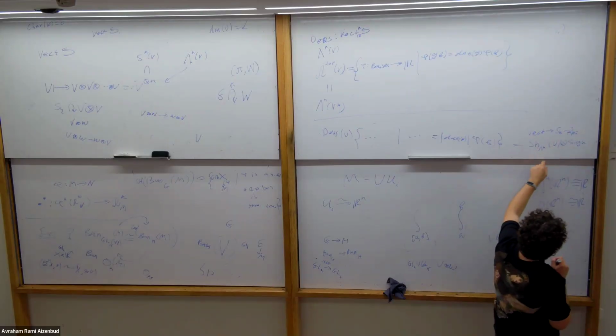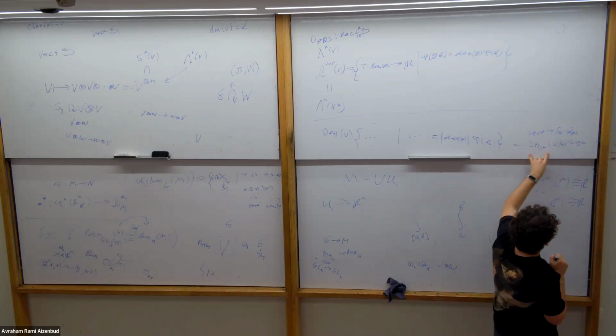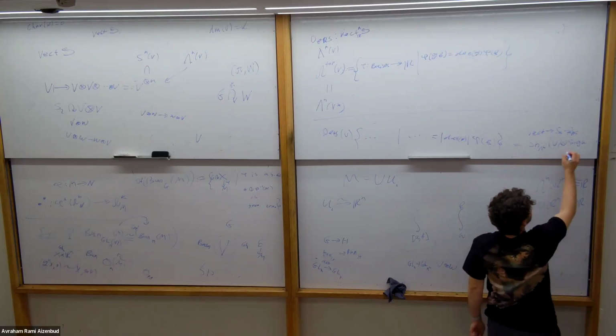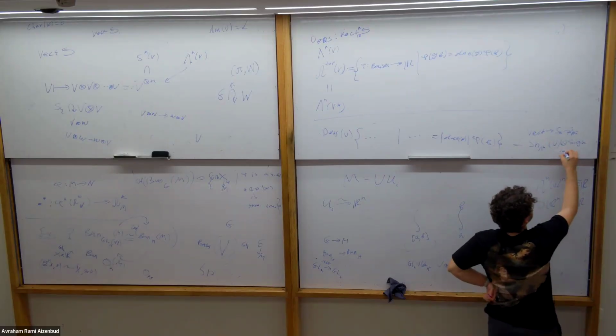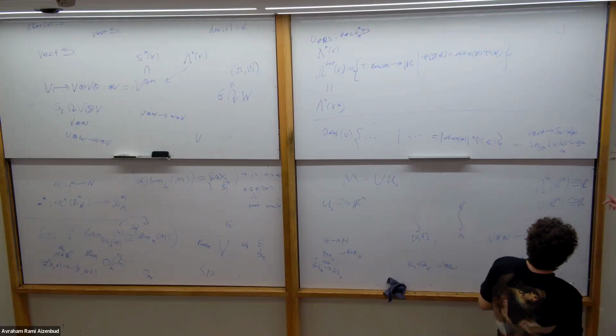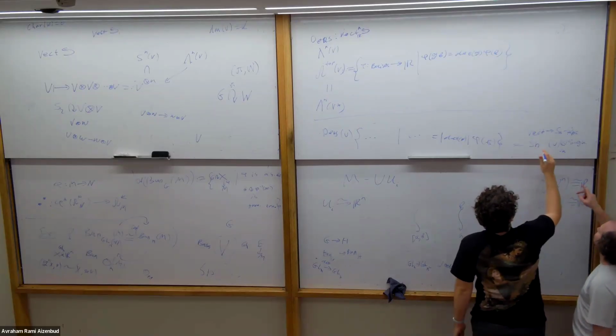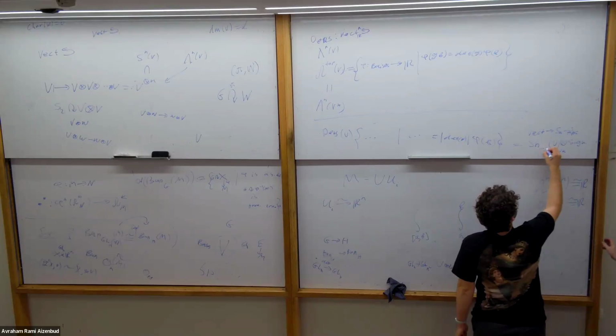You have the functor lambda n, and we have that natural action of a set on this object. So it's not only a vector space, but a representation of a set. So lambda n, here you should put a representation of a set. So this is the standard representation. Right.